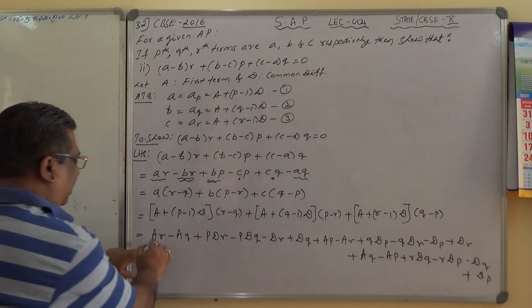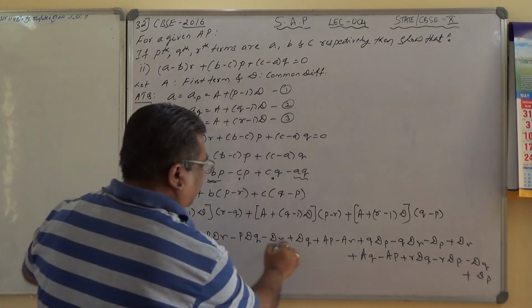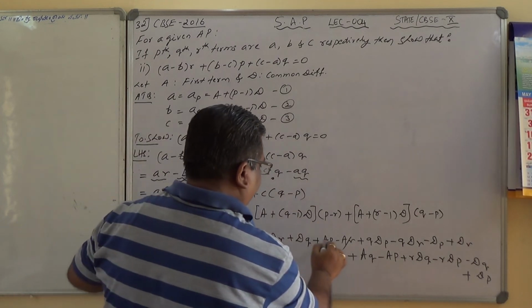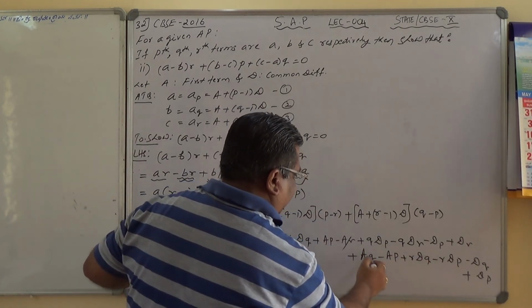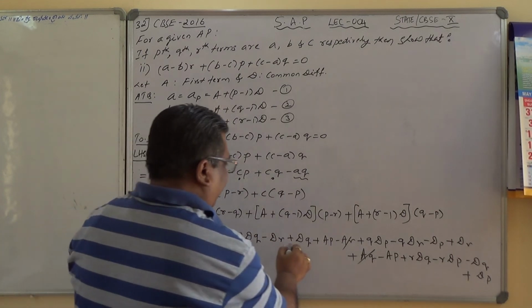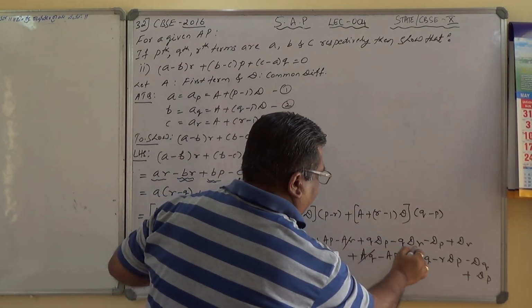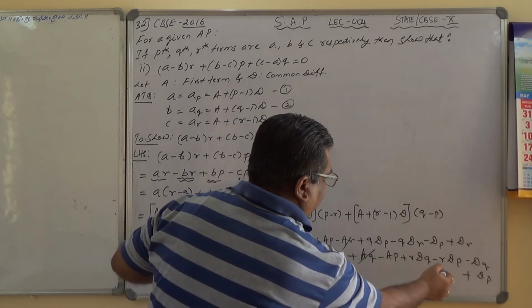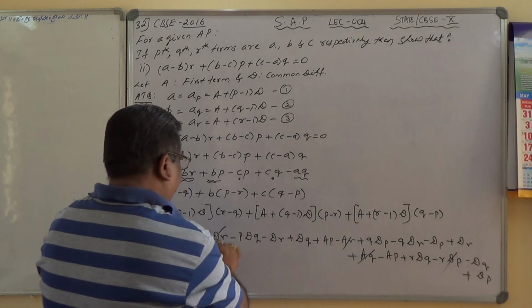Let me check now. AR minus AR, AQ minus AQ plus AQ. Check where it is plus AQ. Plus PDR minus PDR minus PDR minus PDR.